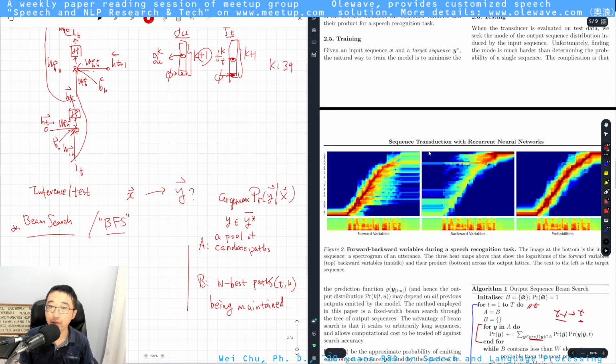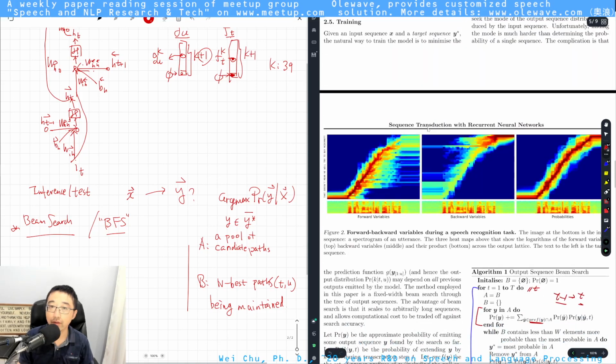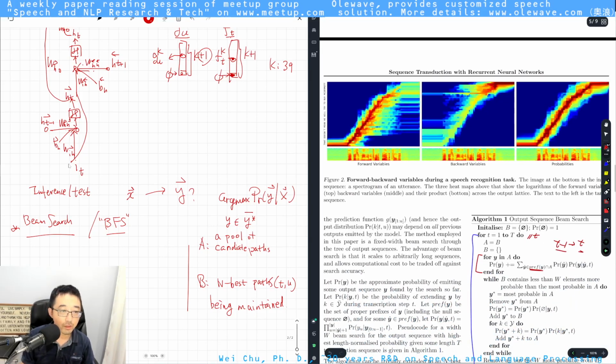Let me show you this. Let me ask you this. So when I go the u, suppose u does not change, I go from T-1 to T, to get the probability of this, what do I do?